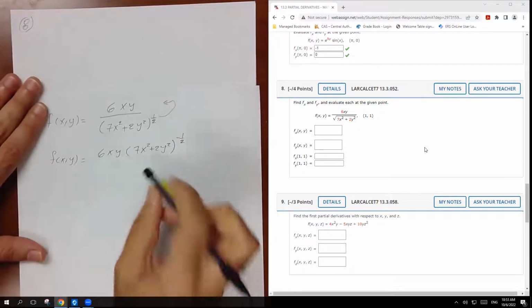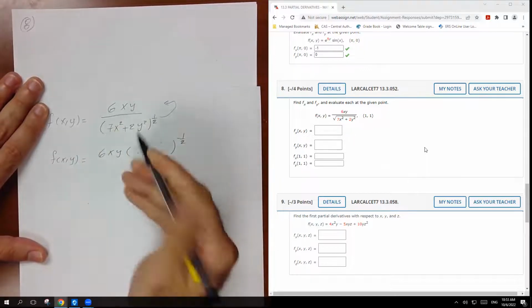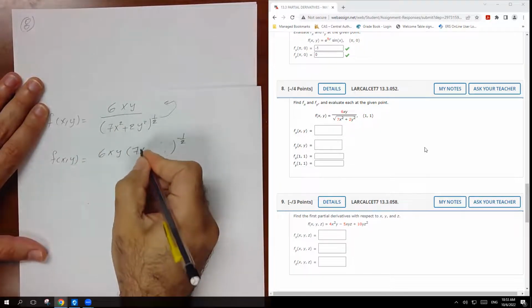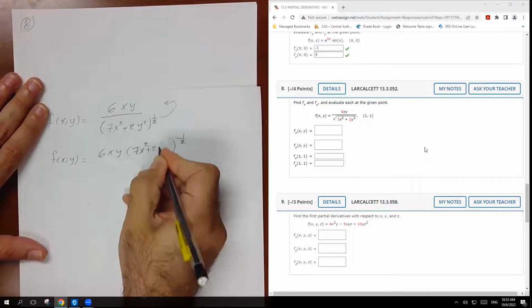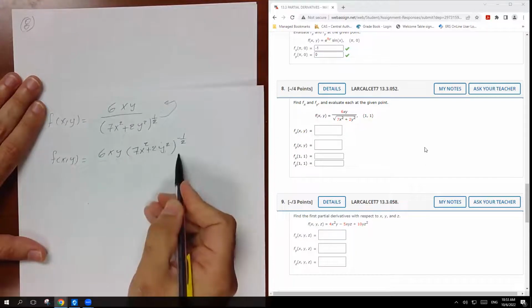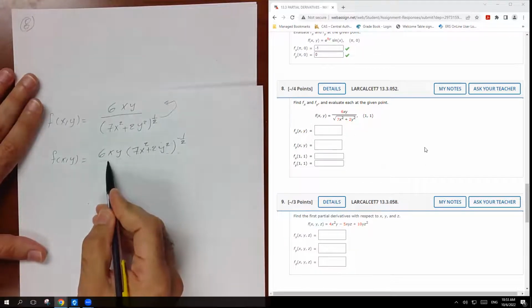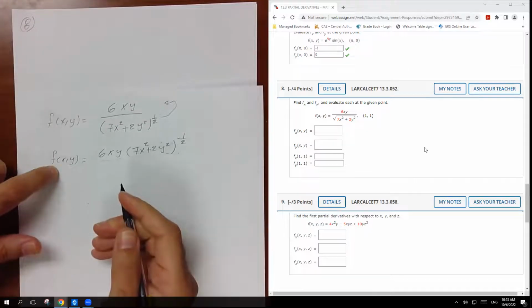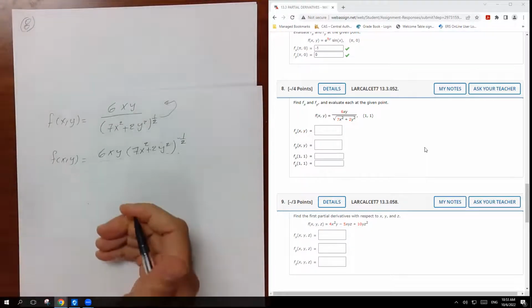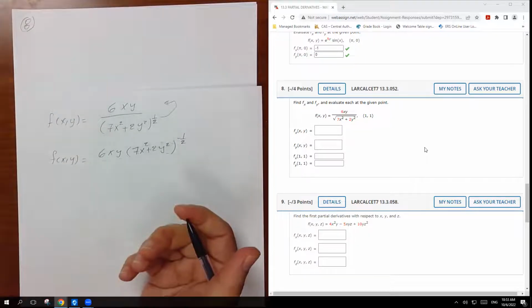So I can use the chain rule on these, 7x squared plus 2y squared. That's me saying this one times the derivative of this one plus this one times the derivative of this one, but with respect only to x, then to y. Or you can just keep this one and use the quotient rule.